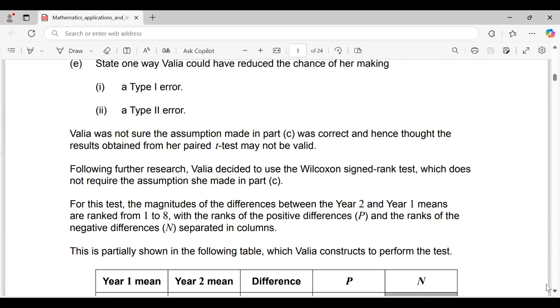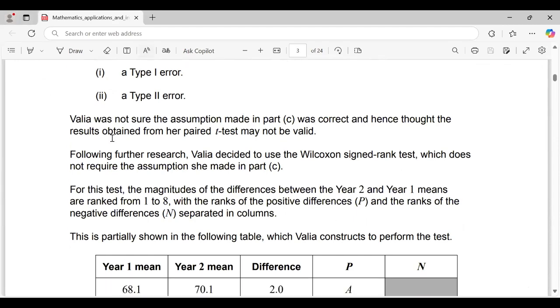Okay. Well, Falia was not sure the assumption made in part C was correct, and hence the result obtained from her paired t-test may not be valid.